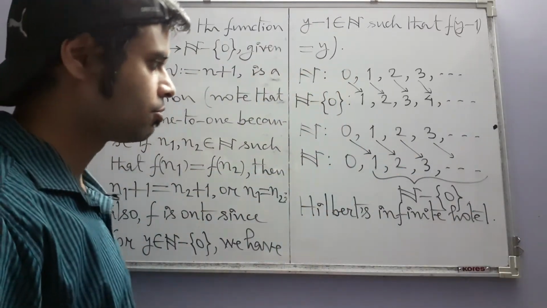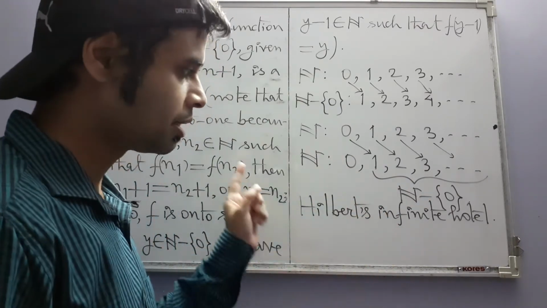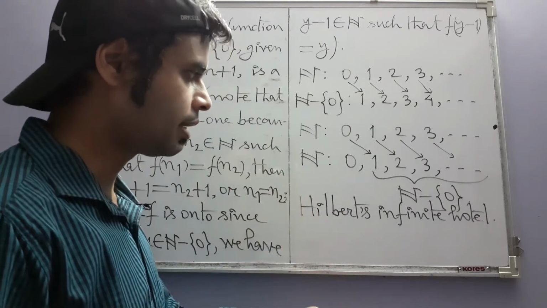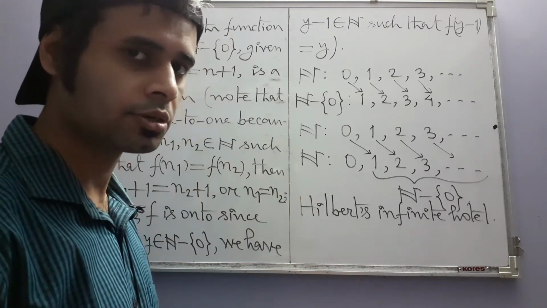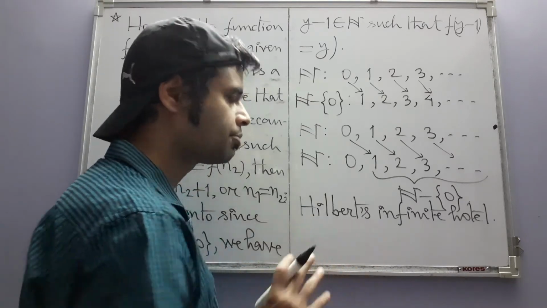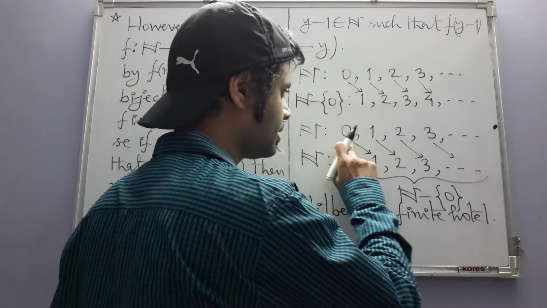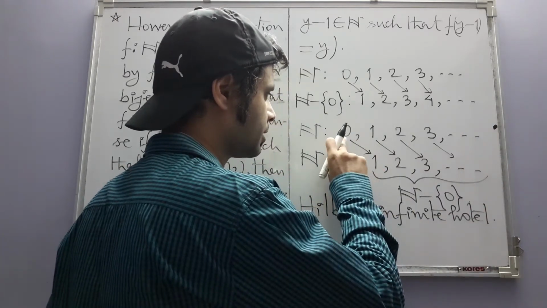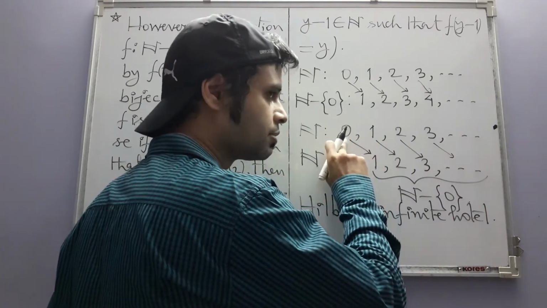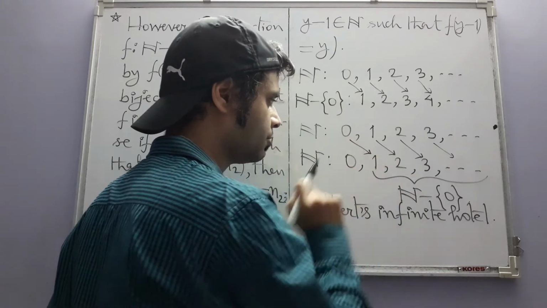And say the hotel is full. Each room has a guest, but still if someone else arrives, someone else shows up and wants to check in, then they can also be accommodated. What the guests will do, the guest who is in room number 0, they will relocate to 1.